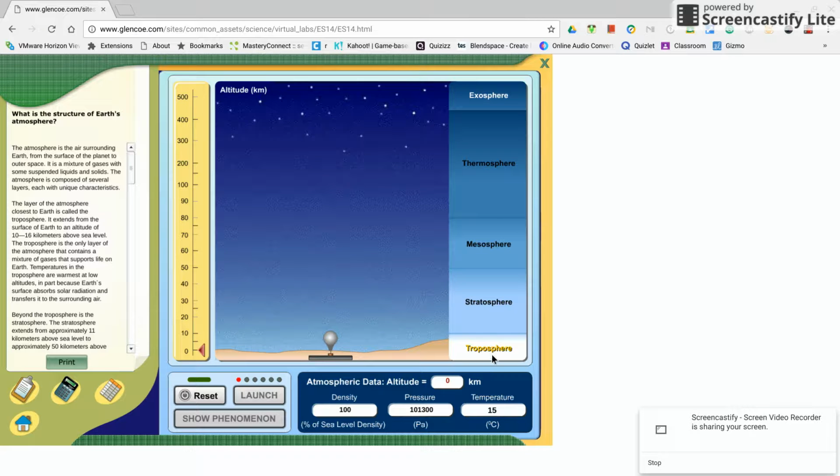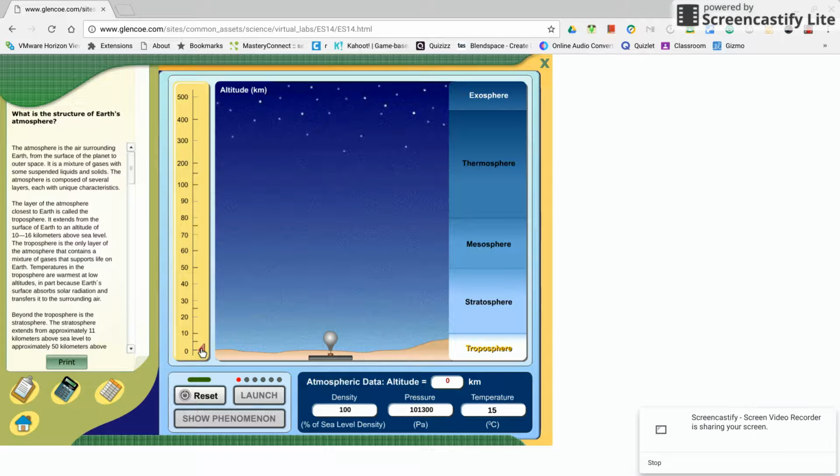So in the troposphere, the temperature actually will decrease. The pressure here at sea level is 101,300 pascals, which is incredibly more than what it was at the top of the troposphere, and the density here is 100%. So the density and the air pressure as we went up actually decreased, and the temperature decreased as we went higher in altitude.